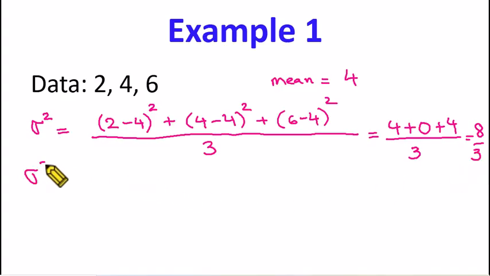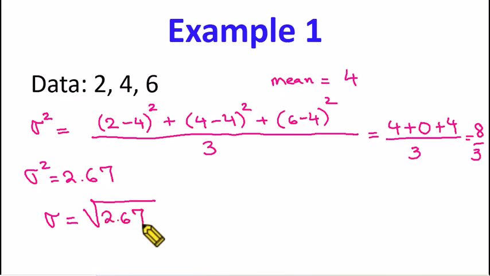So the variance, if you change that to a decimal, is 2.67. To find the standard deviation, we are going to take the square root of the variance. So the square root of 2.67, and that's going to be approximately equal to 1.63.